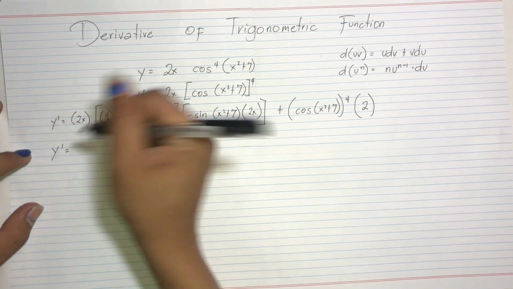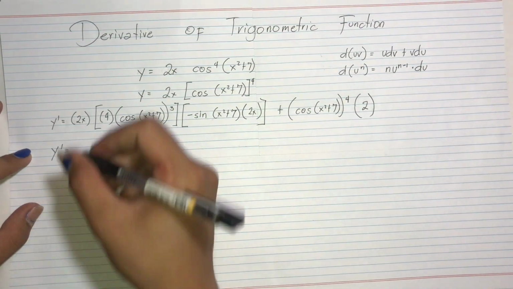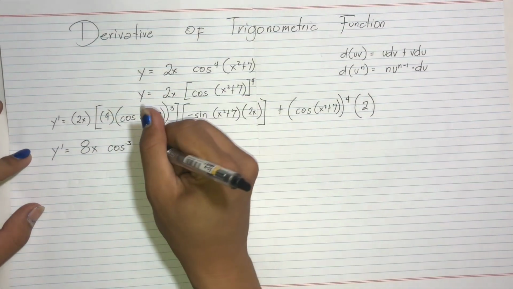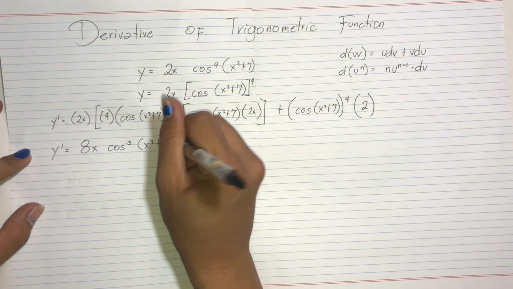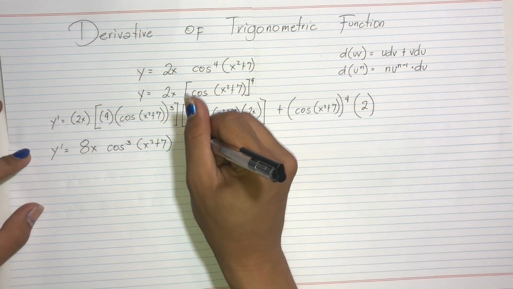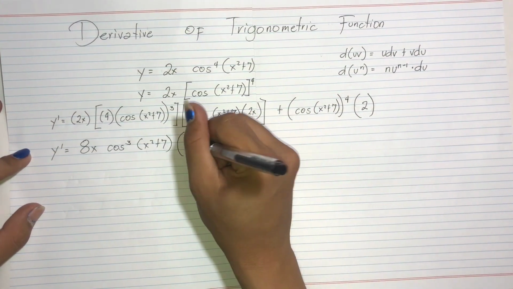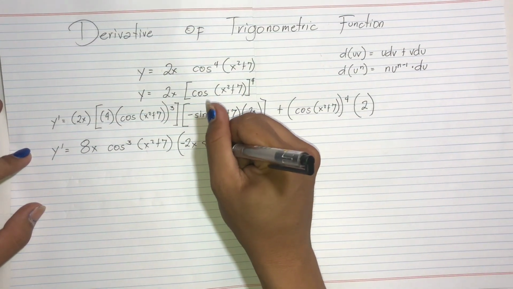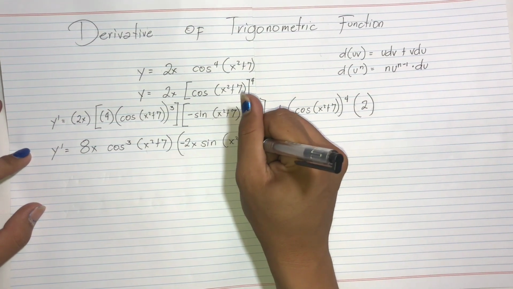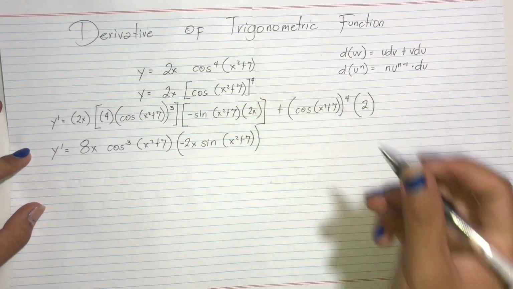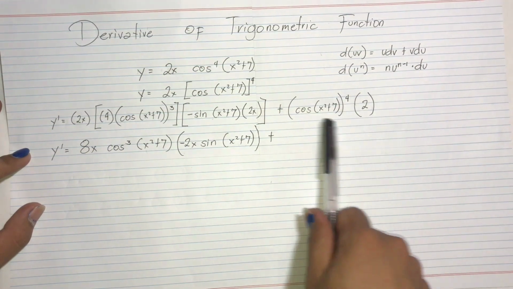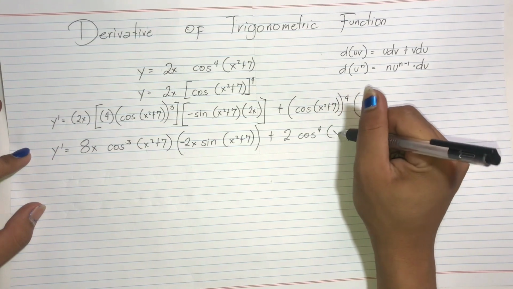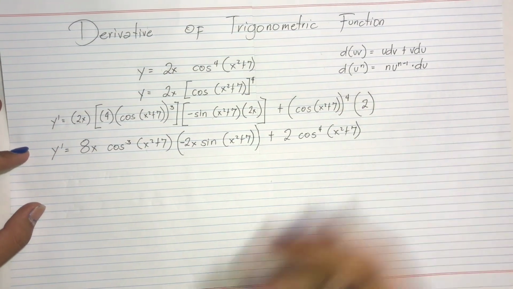Simplifying, y prime is equal to 2x times 4, that is 8x cosine cube of x squared plus 7 times negative 2x sine of x squared plus 7, plus 2 cosine to the fourth of x squared plus 7.